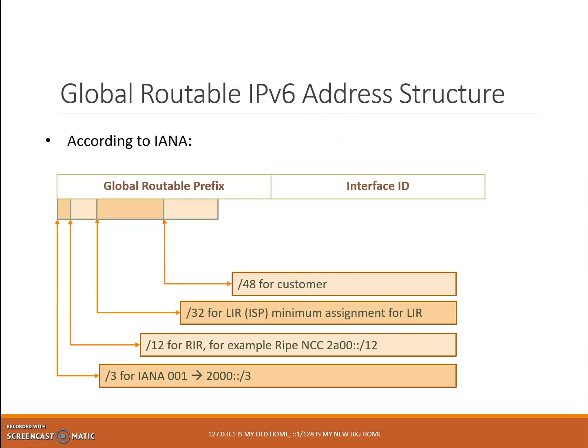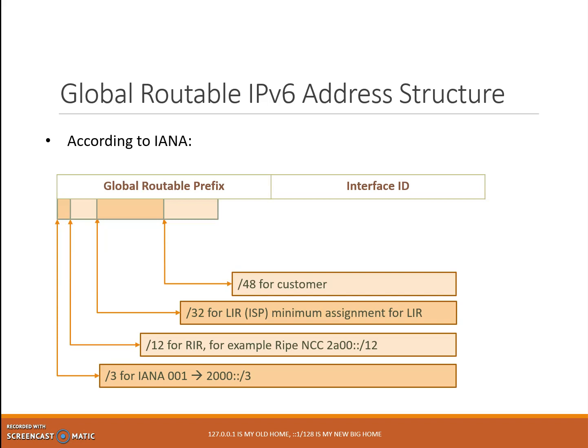If a customer decides to get /48, then the subnet ID will be 128 bits minus 64 bits for the interface ID and minus 48 bits for the global routable prefix. So this will equal only 16 bits, and the 16 bits will provide 2 to the power 16, which equals 65,536 subnets, which is sufficient for any enterprise.